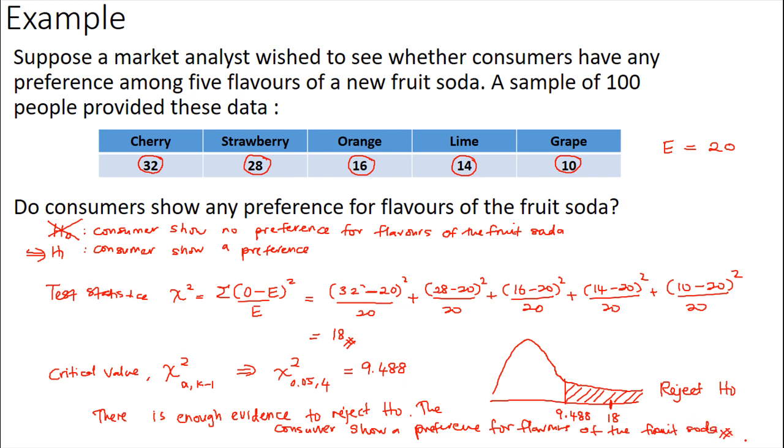Okay, so we have 4 or 5 steps. The first step, you have to state the hypotheses, the null hypothesis and the alternative hypothesis. Second step, you can start by calculating the test statistic, or you can start by finding the critical value, either one.